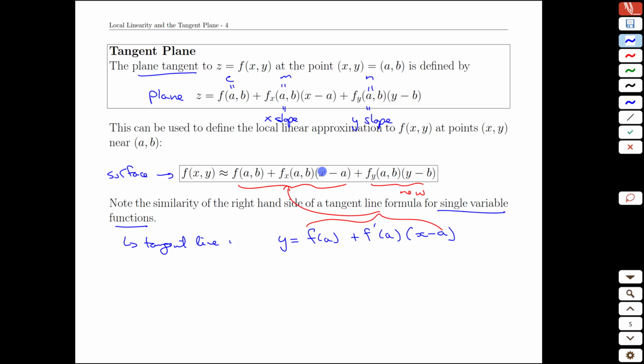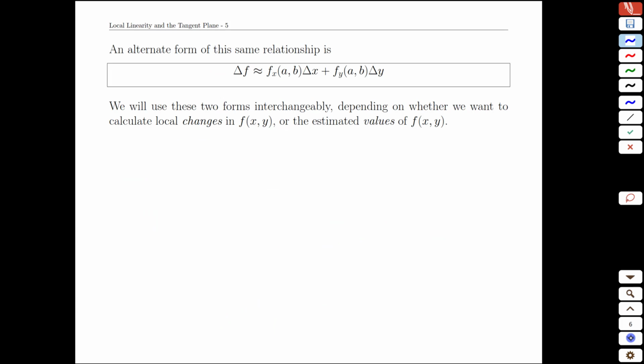As a quick side note, if we focus on the point a, b, and again, we can imagine that being a point on a plane, if we talk about a point away from there and call that point the point x, y, we can also imagine that x minus a is simply representing a change. How far do I go between x and a? And in the y direction, how far do we go between y and b, this direction here? If that's the case, sometimes it'll be helpful to bring this term over and use this alternative approximation, which is the same formula, simply rewritten.